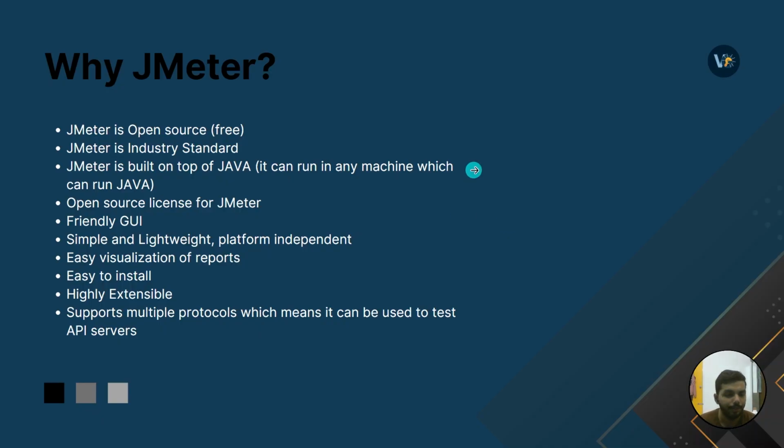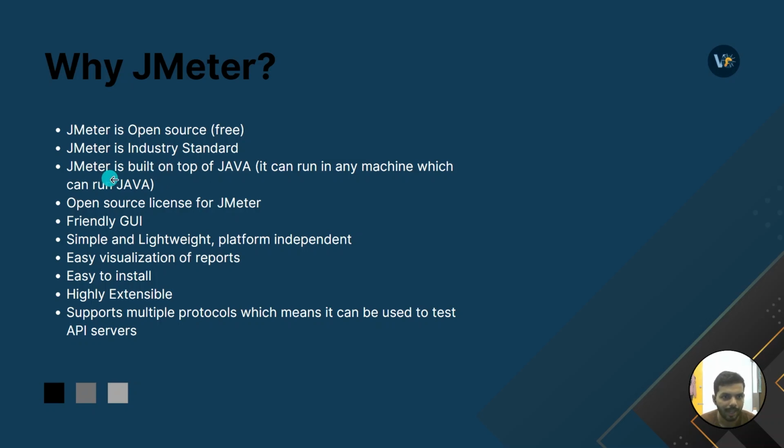Obviously we would need some reason to choose JMeter over other applications. So these are some reasons for which you want to use JMeter. First of all, JMeter is open source, which means it's free, and JMeter is also an industry standard because it is built on top of Java, so it follows all the rules and standards that we might need for the industry.